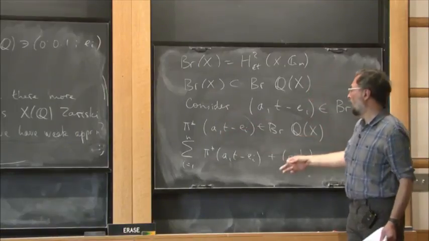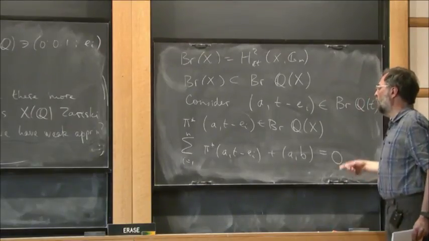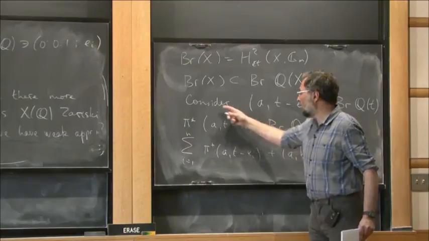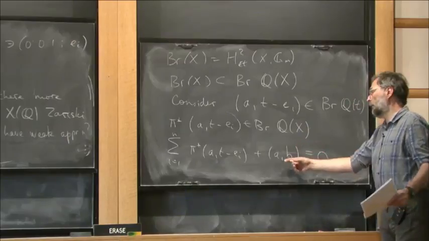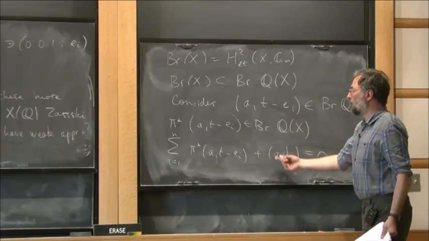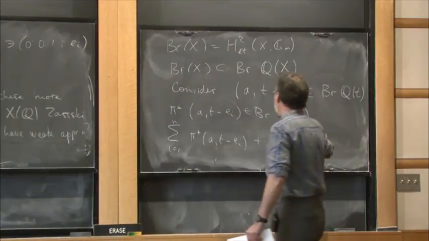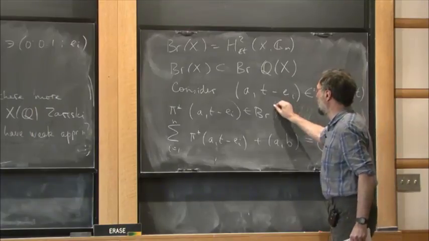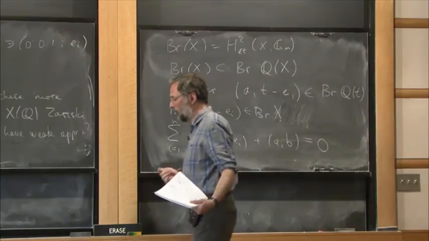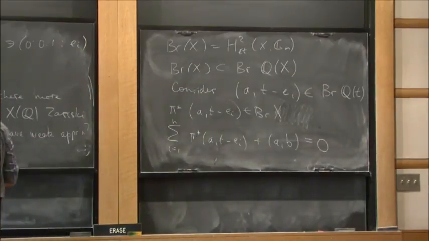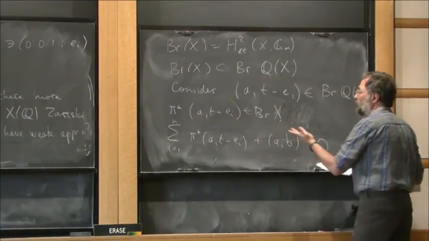So using this fact, we have this relation, and so we can always replace. For example, if t equals e_i, we can replace this symbol by the sum of all other symbols plus this constant element. This immediately shows that I can replace this by just the Brauer group of X. So it's a subgroup of the Brauer group of Q(X). I calculate all the residues and check that they're all equal to 0. So we get some element in the Brauer group of X, and by functoriality of the Brauer group, we can evaluate this element at any point.